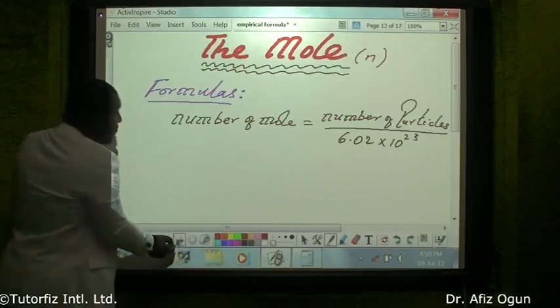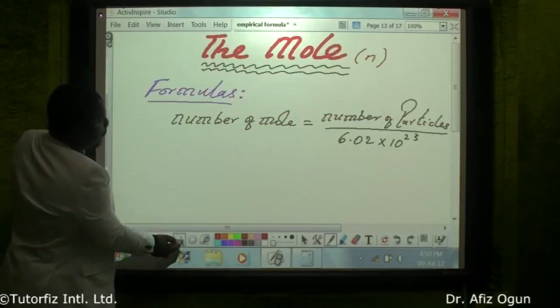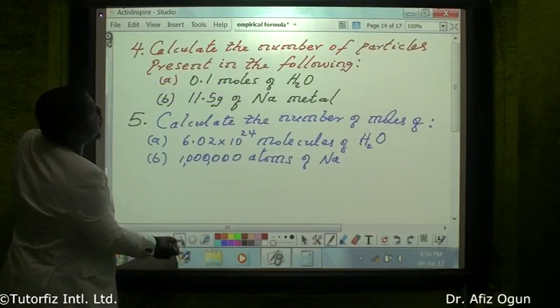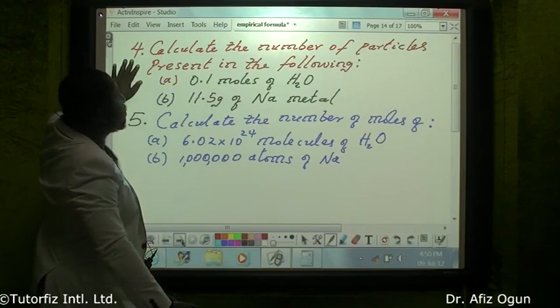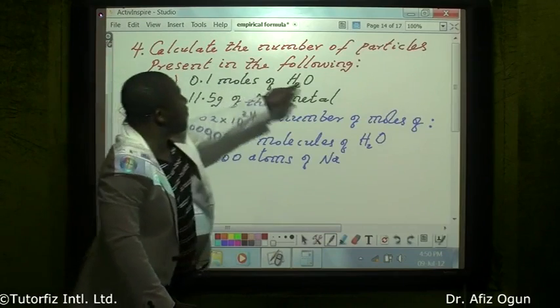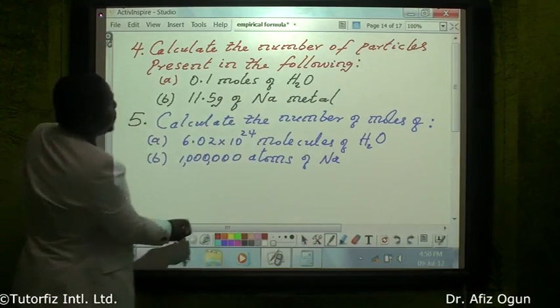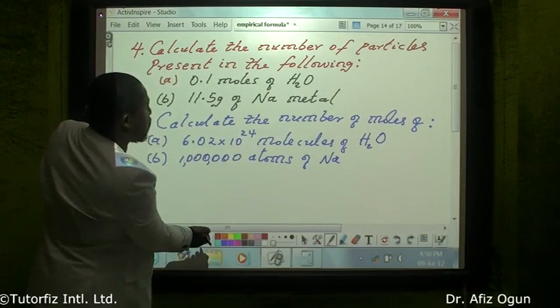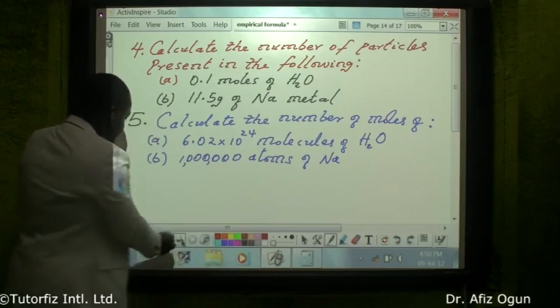So let's look at number of particles. Calculate the number of particles present in 0.1 mole of water. Before I do that, let me do number 5.